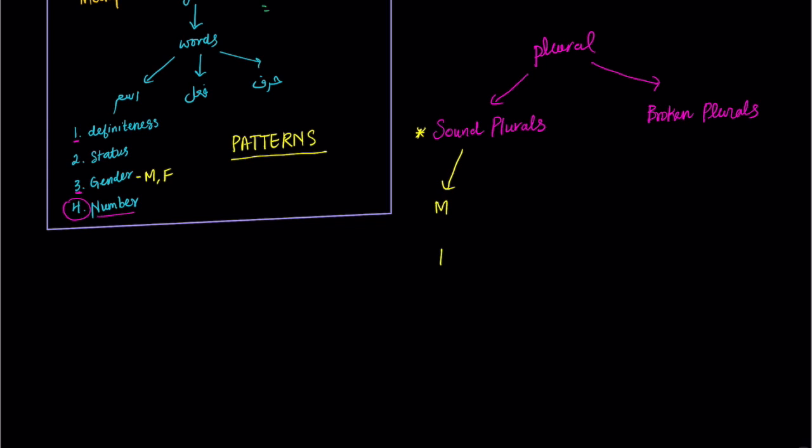The word dhalimun, which means wrongdoer, is the masculine singular form. How do we make it plural? Dhalimun takes a sound plural pattern, and the specific pattern is dhalimuna.